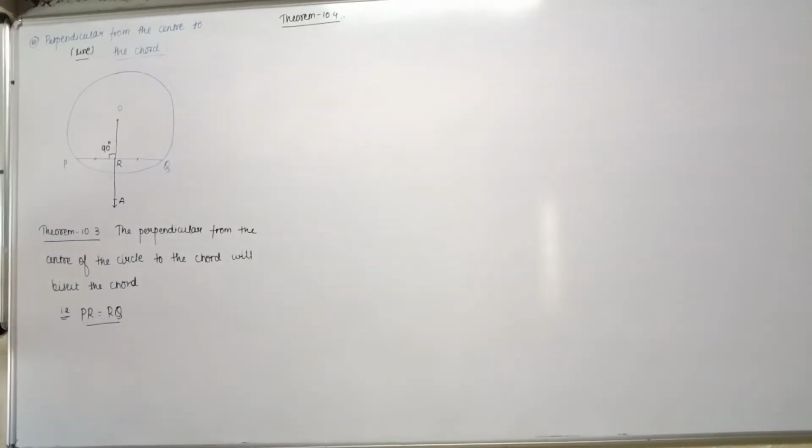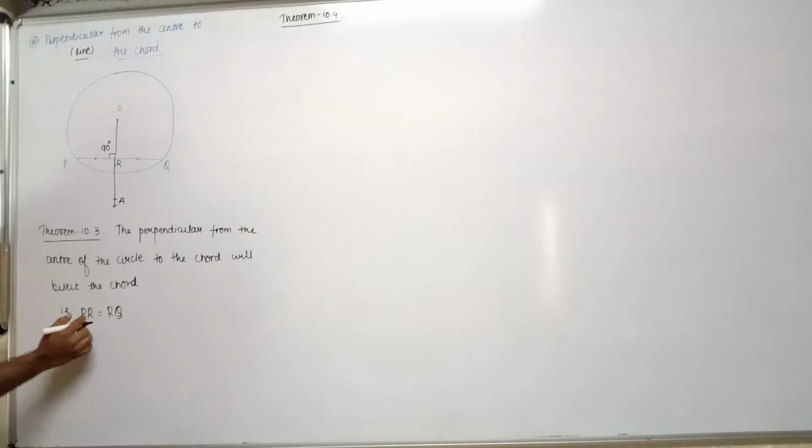Converse means exact opposite in meaning, right? So it says here that the perpendicular from the center of the circle to the chord will bisect the chord.